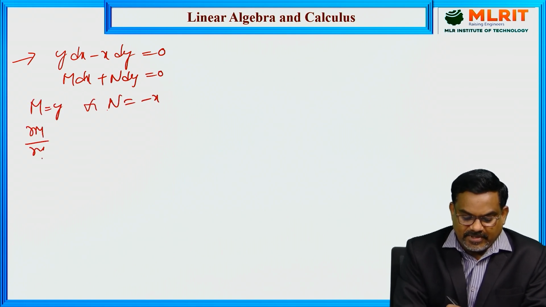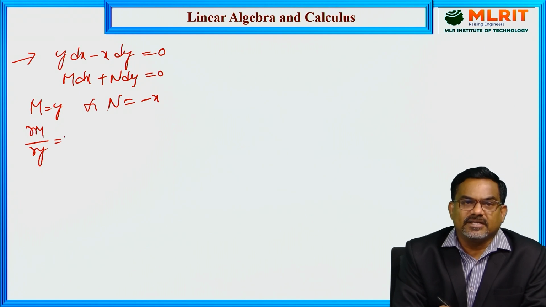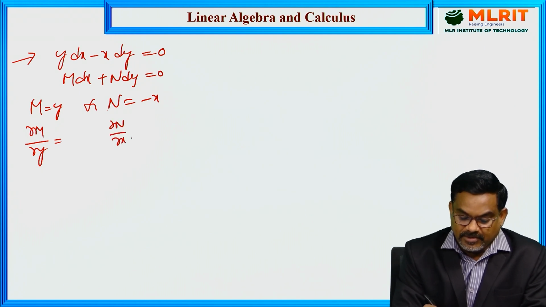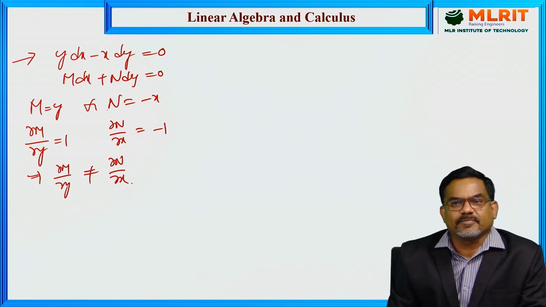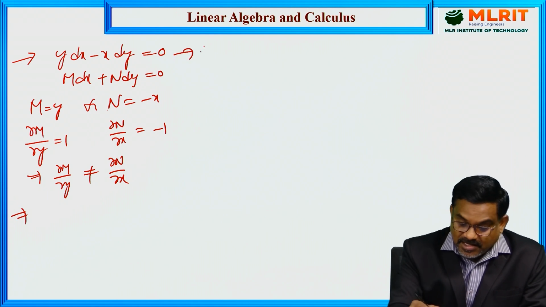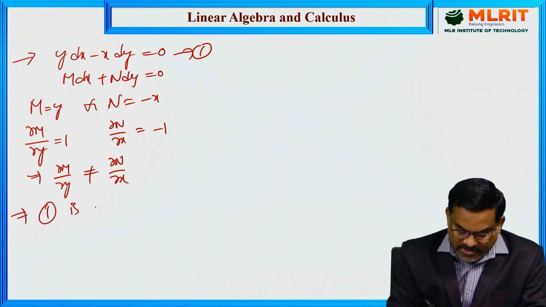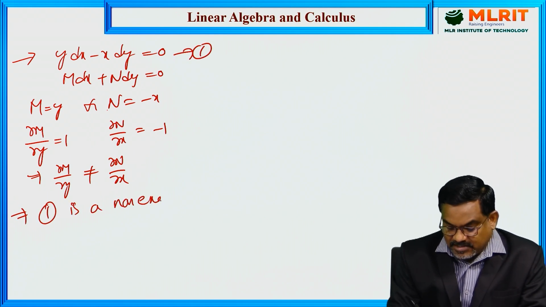To check whether it is exact or not, we need to find the partial derivatives, dou m by dou y and dou n by dou x. Here it is 1 and minus 1. So it is very clear that dou m by dou y is not equal to dou n by dou x. That implies the given differential equation 1 is a non-exact differential equation.